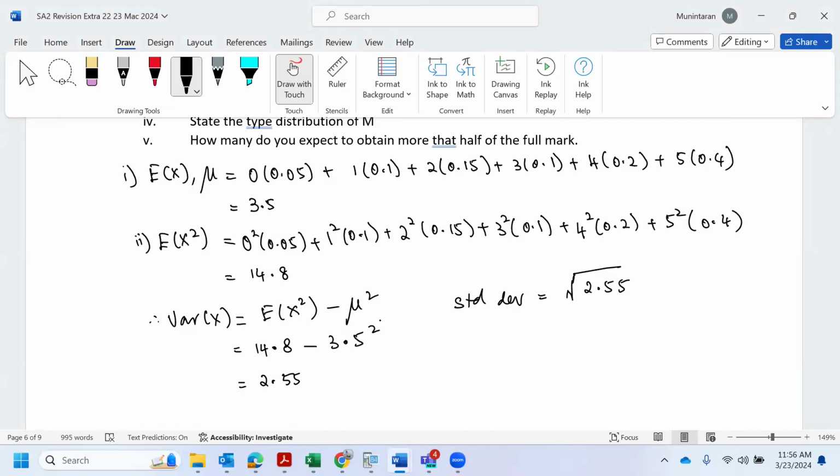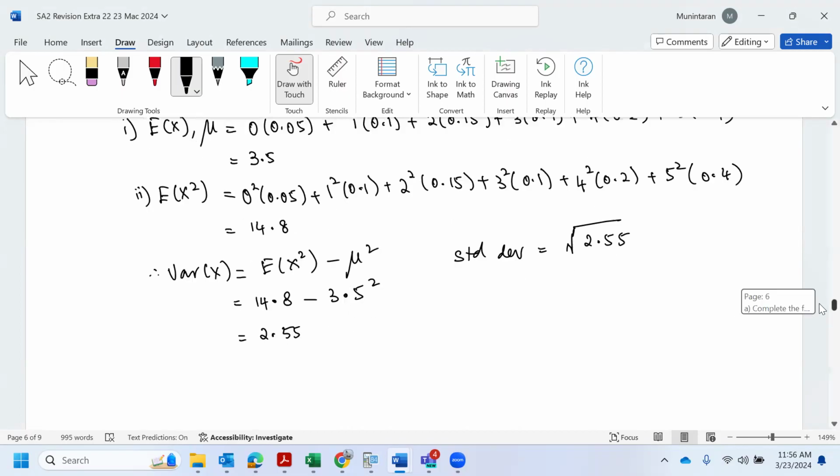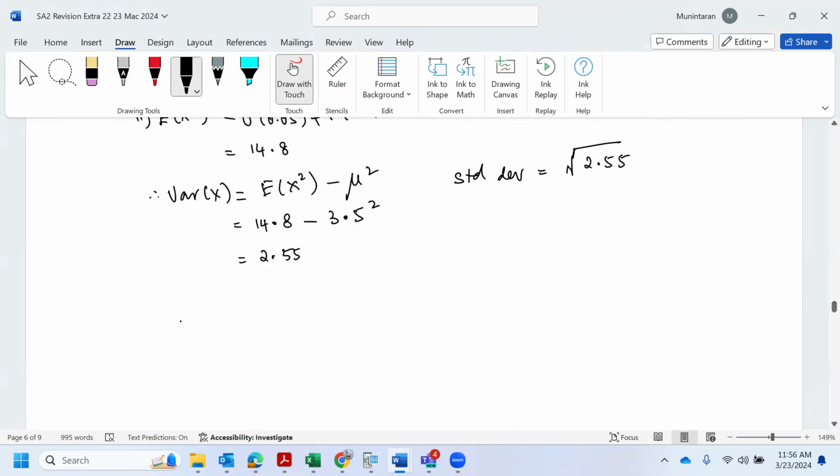Find the probability of a student getting more than half of the full marks. Half marks is 2.5, so more than 2.5 means 3 onwards. Your X must be greater than or equal to 3.